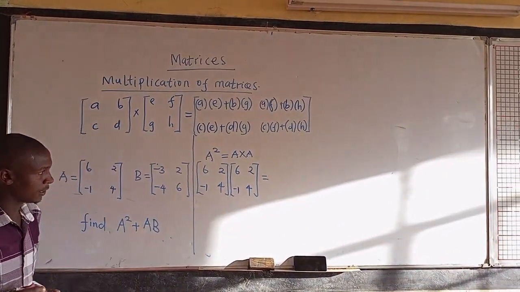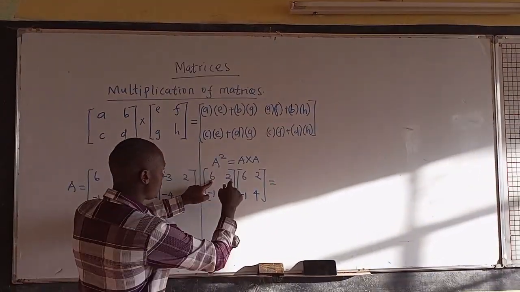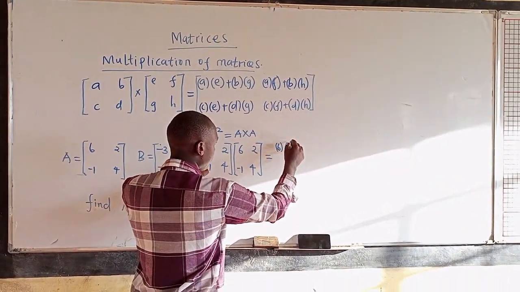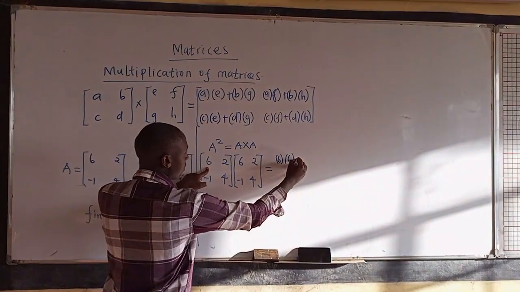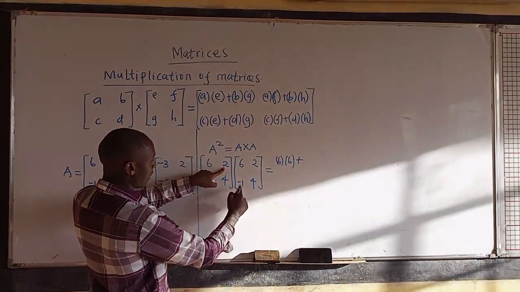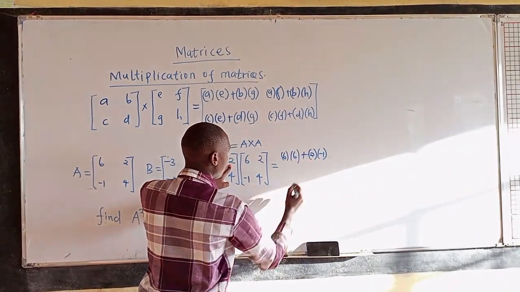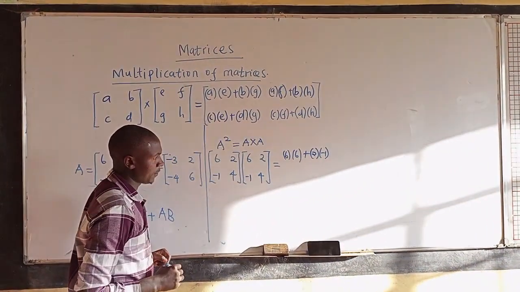And the result of that is equal to 6 multiplied by 6, and we add that to 2 multiplied by -1. That becomes the first element.